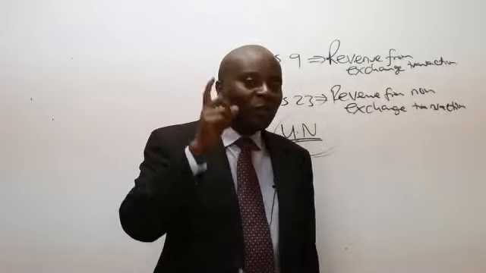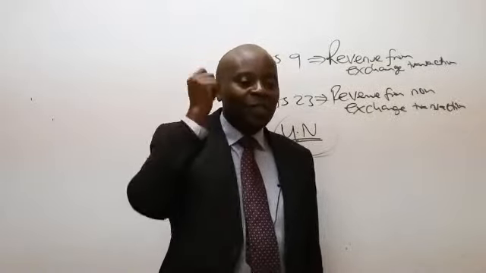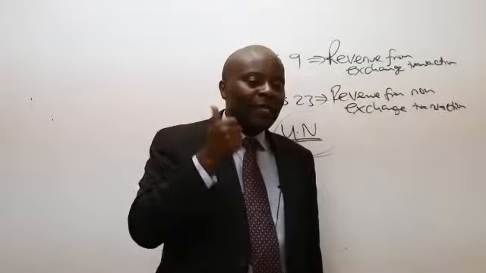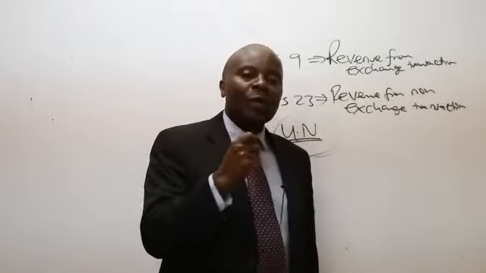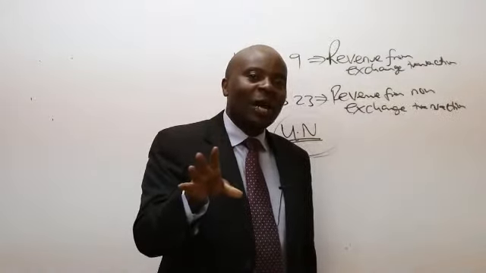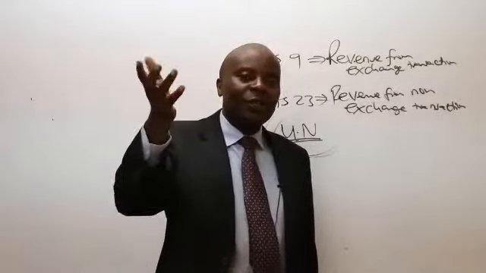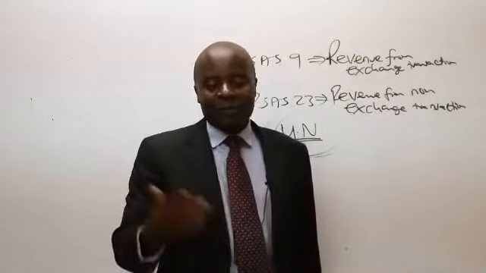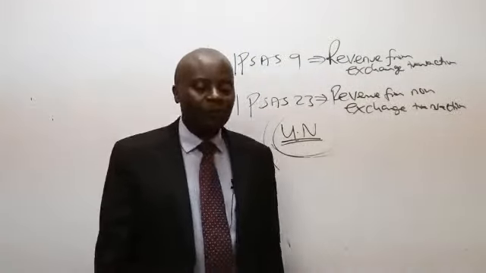So revenue has to be measured accurately, and the cost that we incurred for this particular product must also be measured accurately. And of course, we have the transfer of ownership. Transfer of ownership means that the risks and rewards associated with this particular product, ladies and gentlemen, have been passed to the buyer. I'm now left with two conditions.